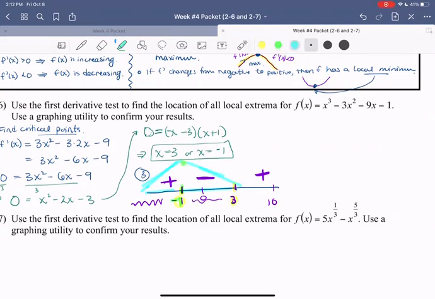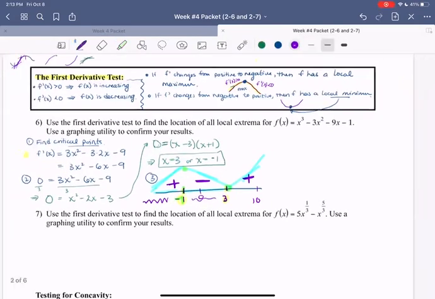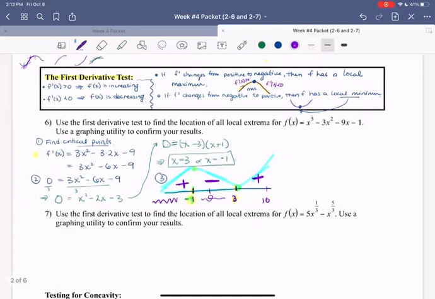Then similarly, as we continue, on this next interval our tangent lines have a positive slope. So we must have a local min at 3. To summarize, because our derivative goes from positive to negative at negative 1, we know that at x equals negative 1, f of x has a local max.